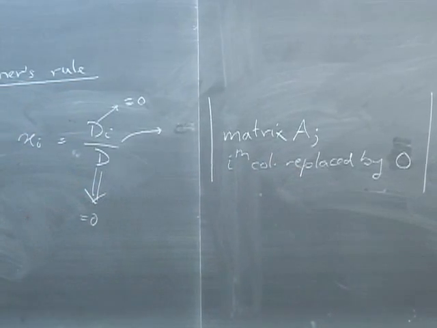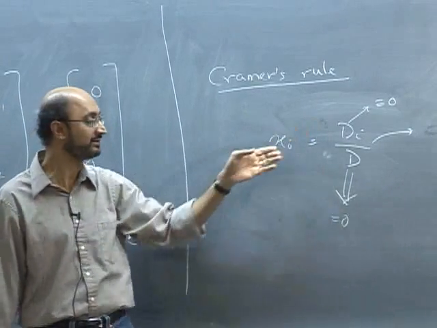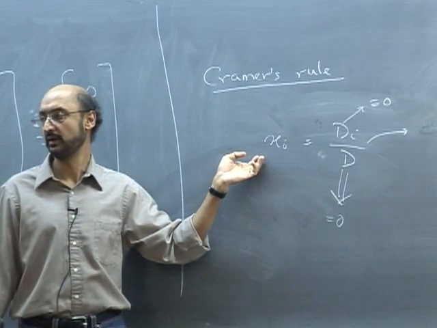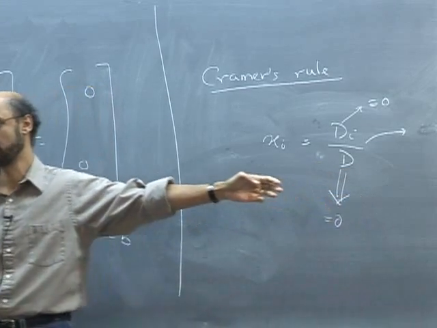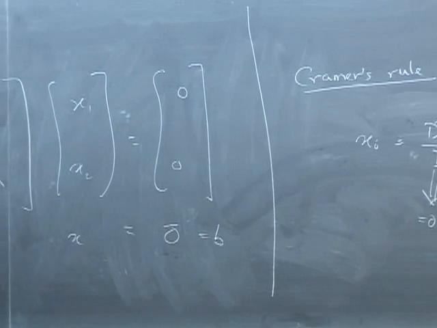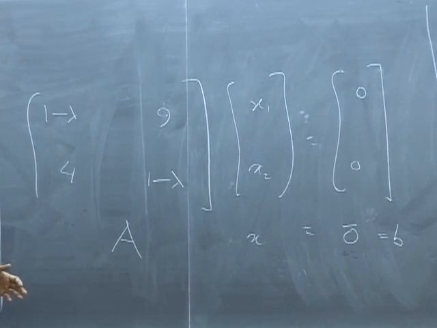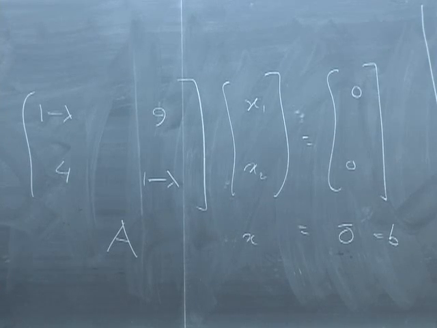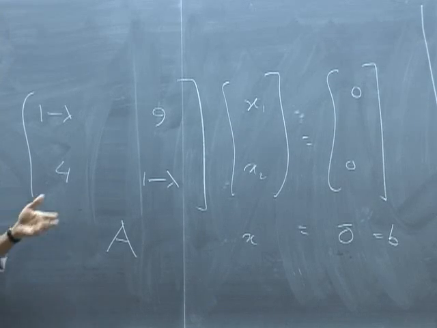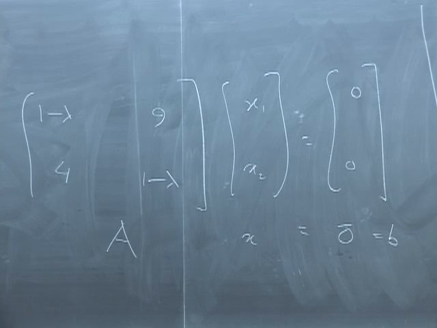It's homogeneous, so b is 0, so d sub i is also all 0, so x sub i's are all 0, right? Unless the determinant d is also 0. Okay, that's the chain of logic, and it's obvious and straightforward. You can't get around it. But the consequences are huge, which is why I'm pushing this point here. So are there any questions about this?